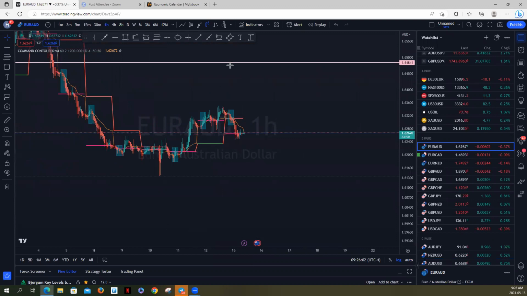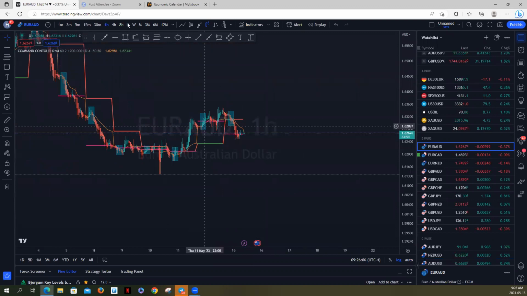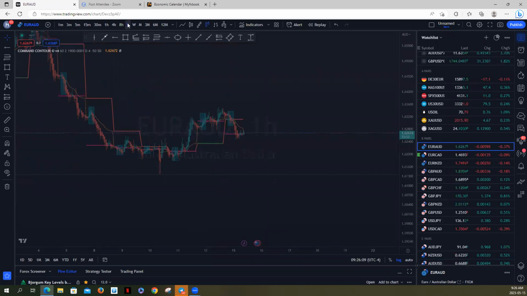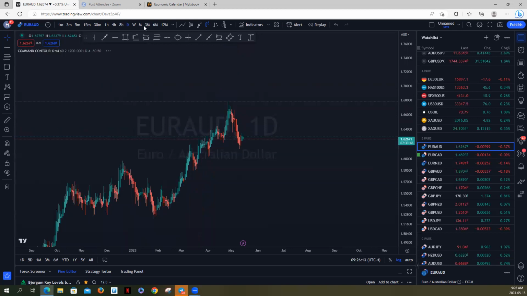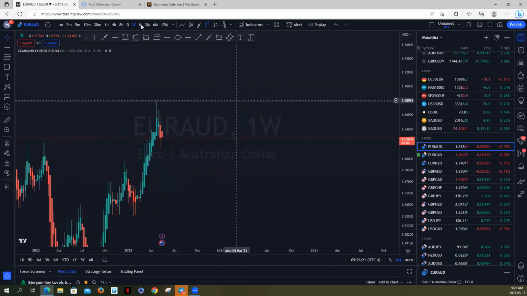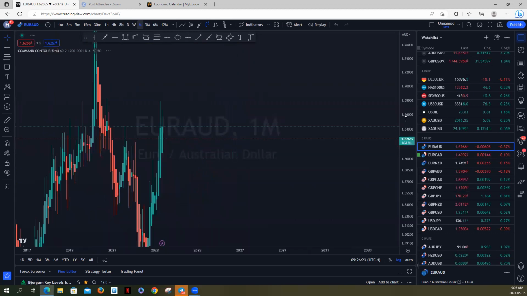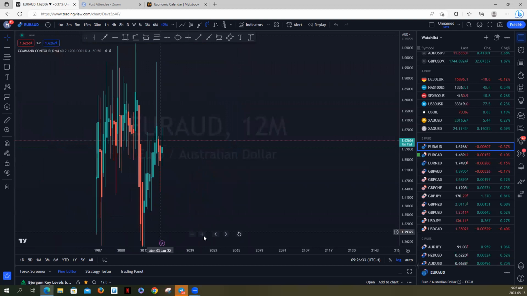So we're gonna get ready for it. I like going to the daily and see what's the overall trend. Weekly as well. It's pushing up for now. Sometimes I even like going to the 12-month.